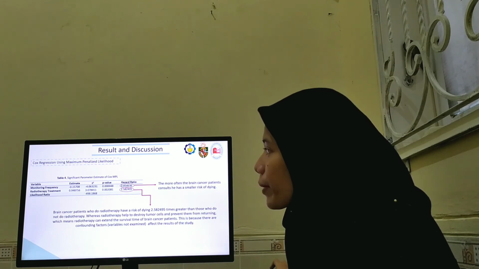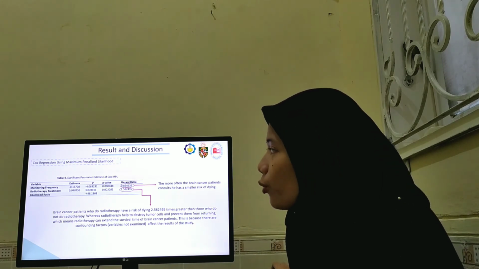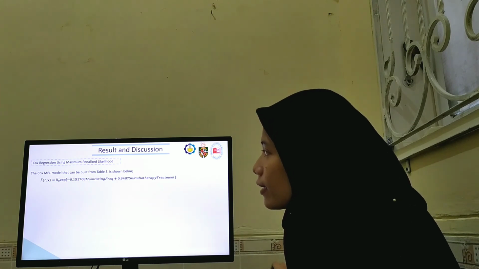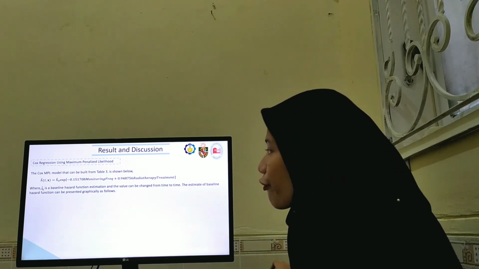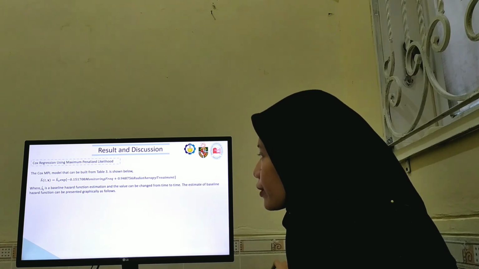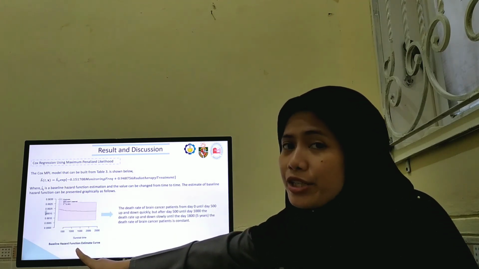From this significant parameter estimate of Cox maximum penalized likelihood, we get the model like this, where H0 is the baseline hazard function estimation and the value can change from time to time. The estimate of the baseline hazard function can be presented graphically as follows. Here is the baseline hazard function estimation curve.